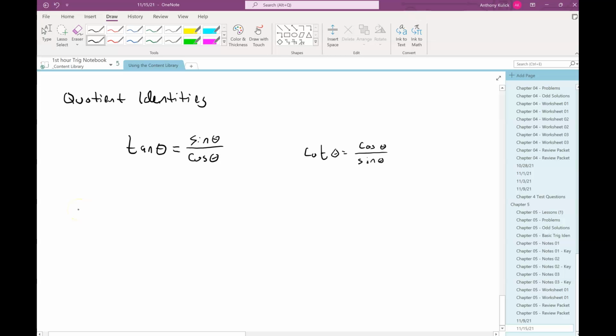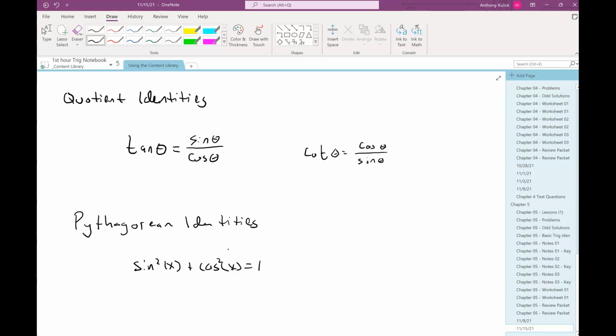So the next set of identities are called the Pythagorean identities. The first one is that sine squared theta plus cosine squared theta is equal to 1.